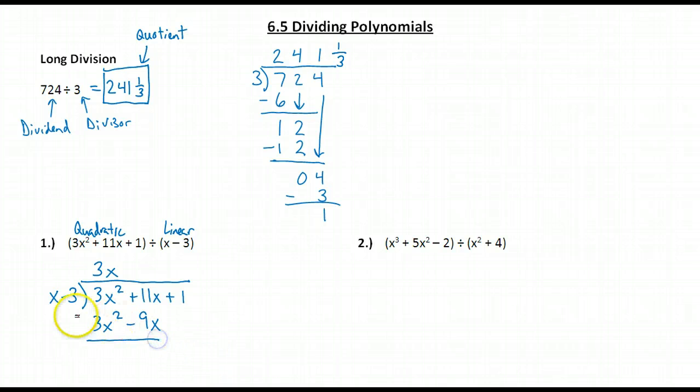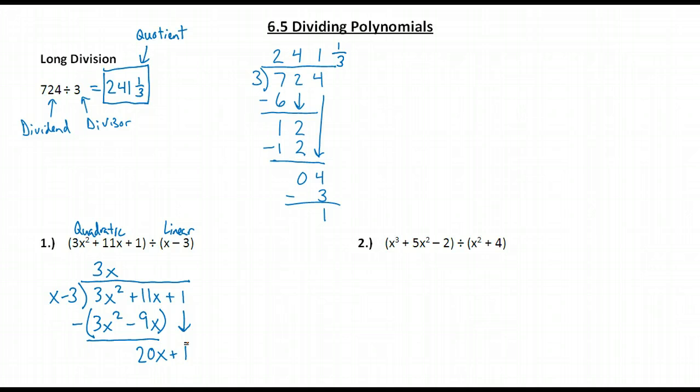And just like before, I'm going to subtract, but I need to make sure that I subtract this entire polynomial, so I'm going to put it in parentheses. So I have 3x squared minus 3x squared, which is 0, and 11x minus negative 9x. Well, minusing a negative gives me a positive, so I'm going to have 20x. Then I drop down this plus 1.